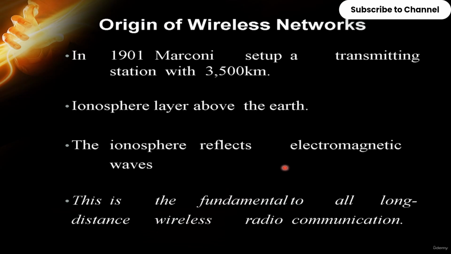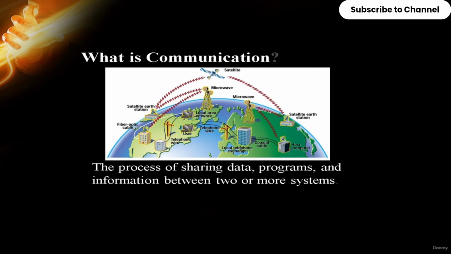This is the foundation of all long distance wireless radio communication. In this diagram we can see how the communication happens above the earth. On the earth, wired communications happen with fiber optic cables, and with the help of satellites, earth stations, microwave, and satellite communications are happening.